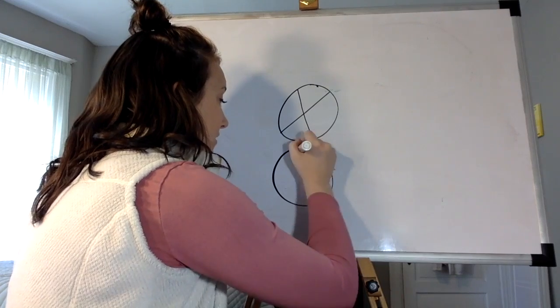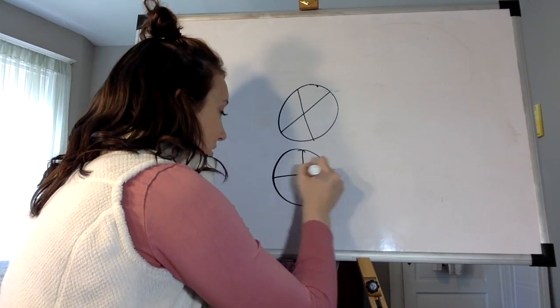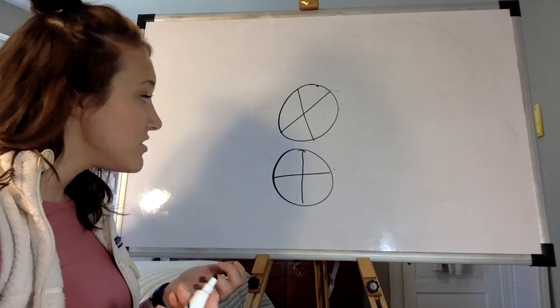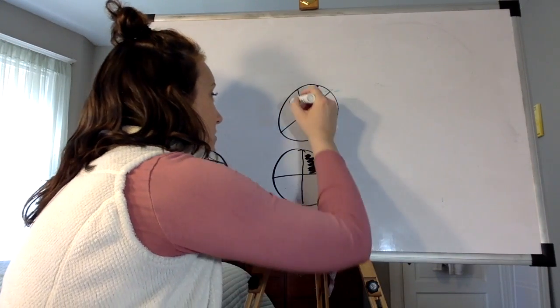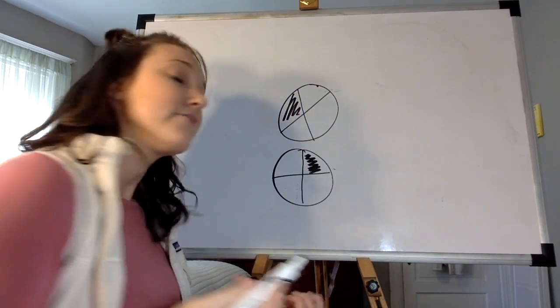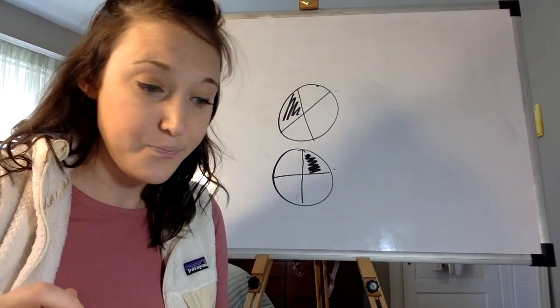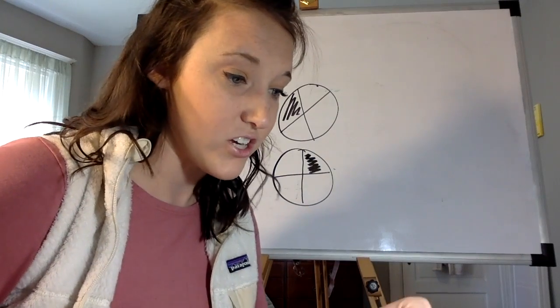It can be divided in 4s like this. There's many ways to do it. So maybe you just have this one shaded in. Maybe you've got this one shaded in. As long as they're 4 equal parts. And then you would write the fraction.